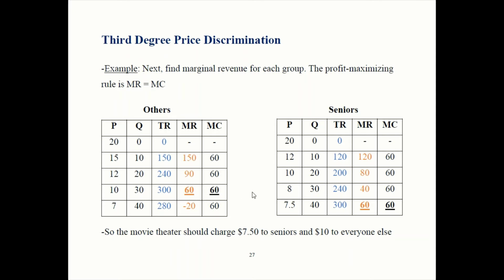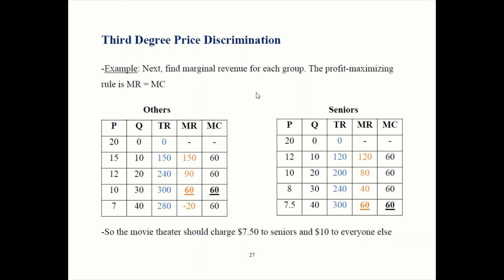For seniors, marginal revenue equals marginal cost when price is 7.50 and quantity is 40. So what that implies is that you charge everyone else a $10 ticket price and you charge seniors $7.50. Equivalently, you could just charge everybody $10 and offer seniors a discount of $2.50. It works out the exact same way.